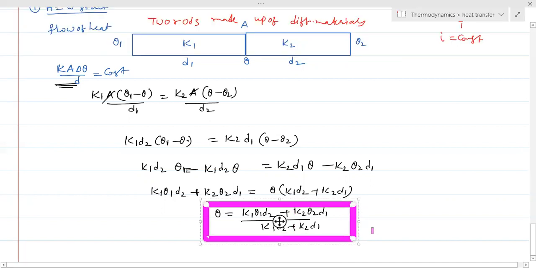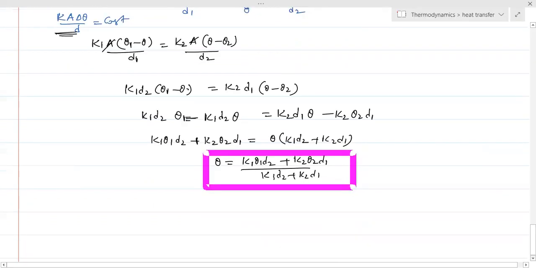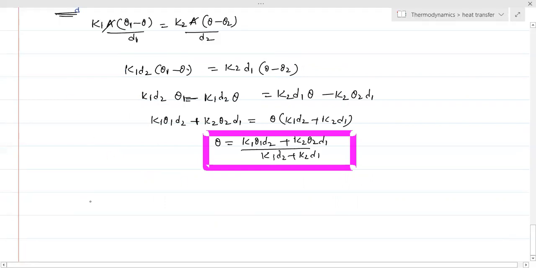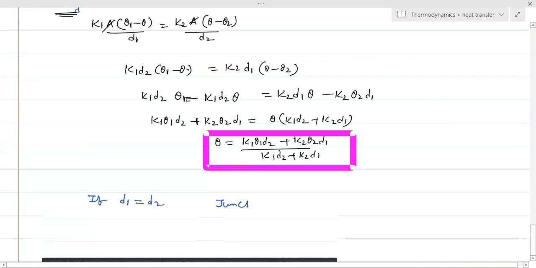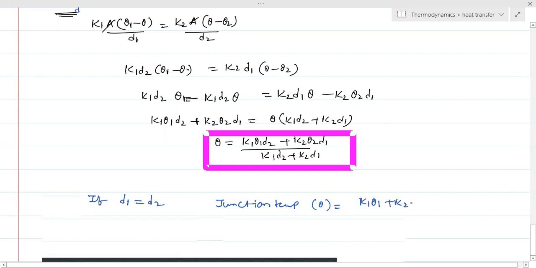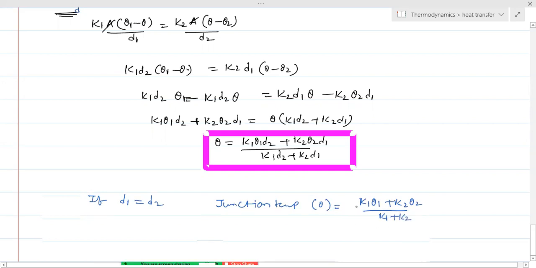So next, we will think of the same length. For example, if D1 is equivalent to D2, we will take the junction temperature theta equivalent to (K1 theta1 plus K2 theta2) by (K1 plus K2).